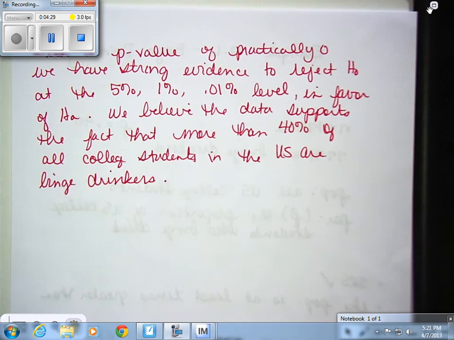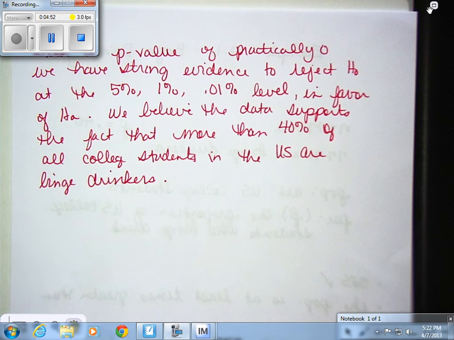So this is pretty strong, irrefutable evidence to support our claim that we're making in this particular problem. Okay? All right. So there is an example of how we can go through and do a z-test from start to finish with no problems.